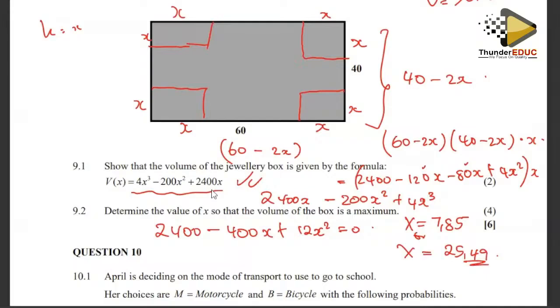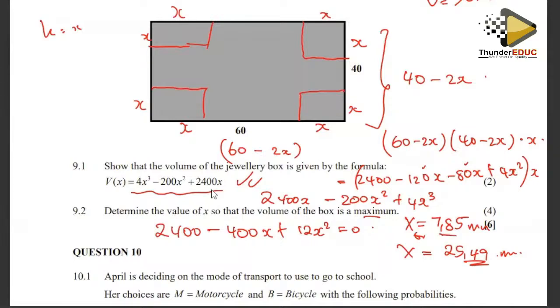Determine the value of x so that the volume is maximum. Now, as x is in millimeters, x represents millimeters. So between the two, because if you cut out more, then the amount of space is going to become whatever.